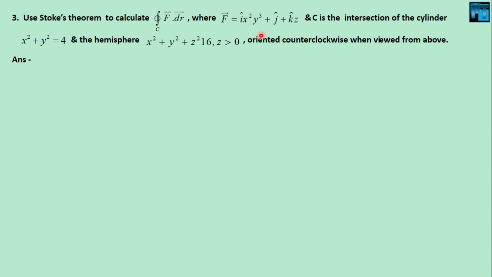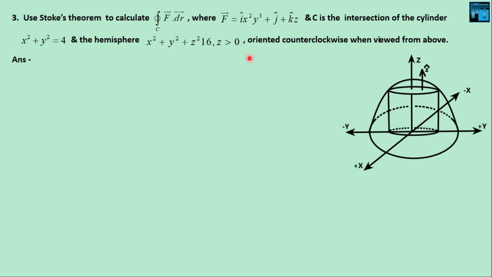Now f is given and C is again a little bit complex type of contour. It is actually the intersection between the cylinder and a hemisphere. Now first thing first, if you can, you have to visualize something. What? The intersection.